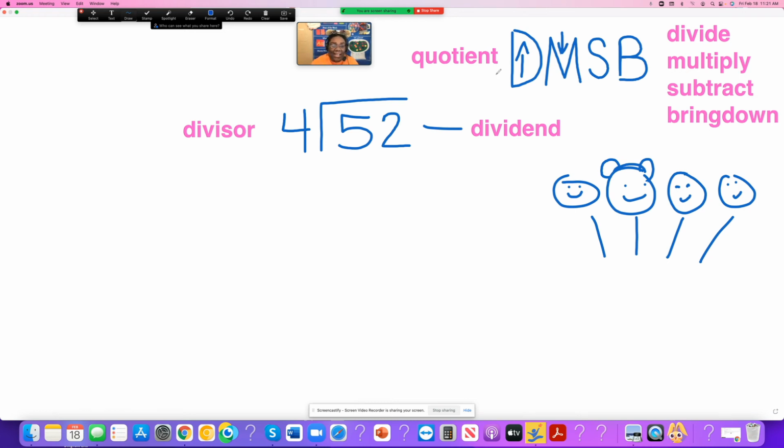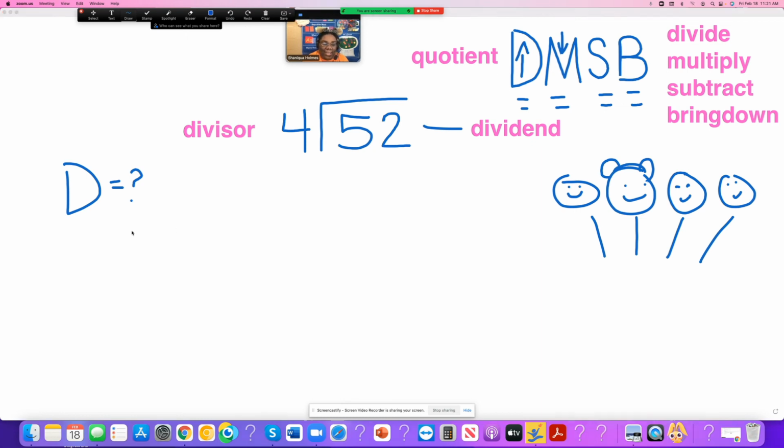D, divide. Every time we divide, we're going to ask a question. Our first question for our first D is, how many times does 4 go into 5? So you can start actually thinking about your multiplication, and you can start writing out your multiplication for 4.